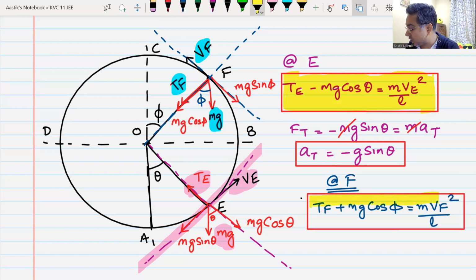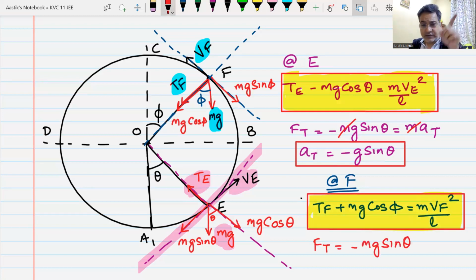But you can also make one more equation, in the tangential direction. That equation would be F_t equal to minus mg sin phi, because the direction of v is taken as positive.